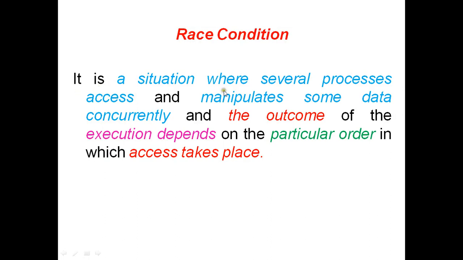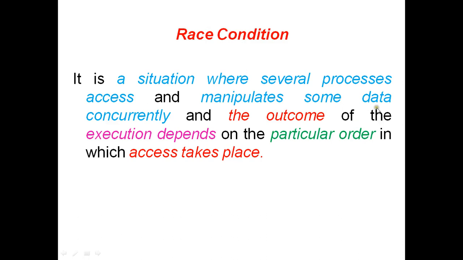A race condition is a situation where several processes access and manipulate some data concurrently. Here they try to access the counter value simultaneously, and the items present inside the buffer, which will affect the counter value.